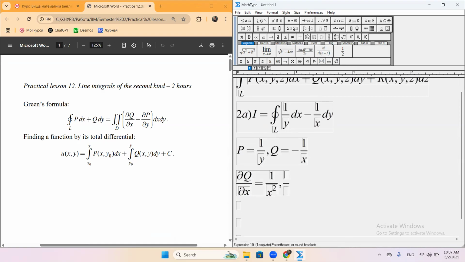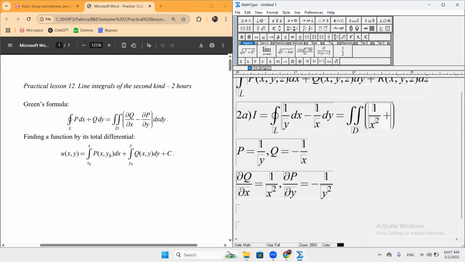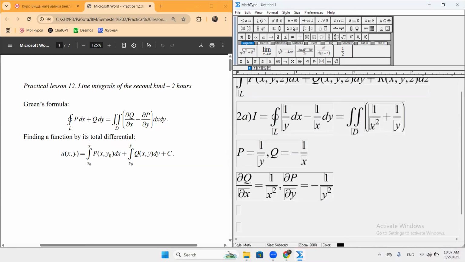Then dP by dy equals minus 1 over y squared. So we will rewrite the integral into the following form. We subtract dQ by dx minus dP by dy, so 1 over x squared plus 1 over y squared.